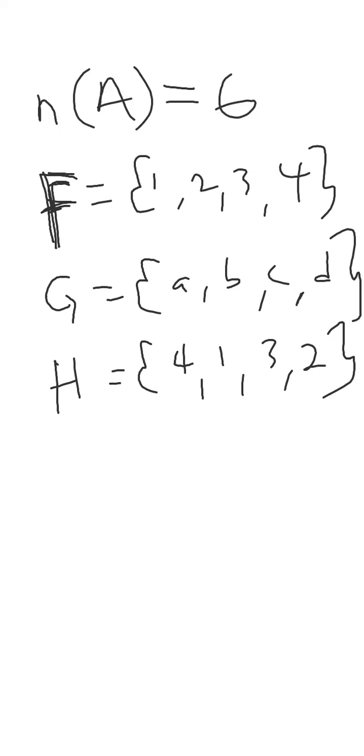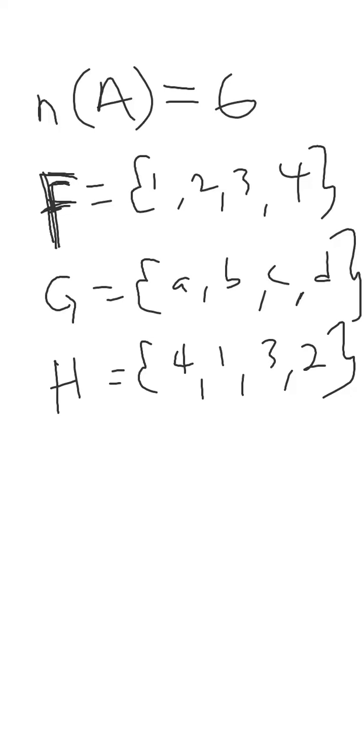F is equal to H because it contains the same number of elements and it contains the same elements. I have 1, I have 1. I have 2 here, I have 2 in H too. I have 3 in F, I have 3 in H. I have 4 in F and I have 4 in H. So these are called equal sets.